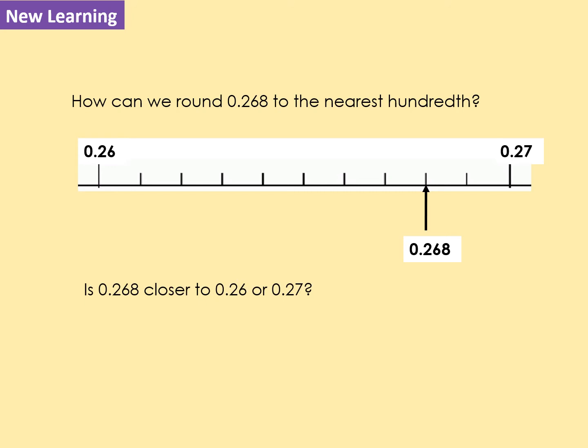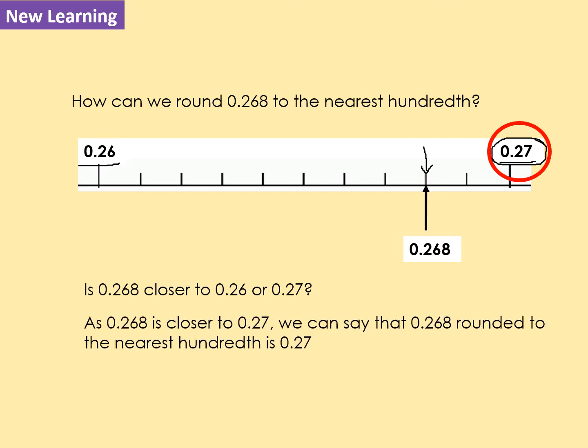Is this number closer to 0.26, or is it closer to 0.27? You'll see here it's only 2 sections away from 0.27. Therefore, when I round it, it becomes 0.27, because 0.268 is closer to 0.27. We can then say that 0.268 rounded to the nearest hundredth is 0.27.